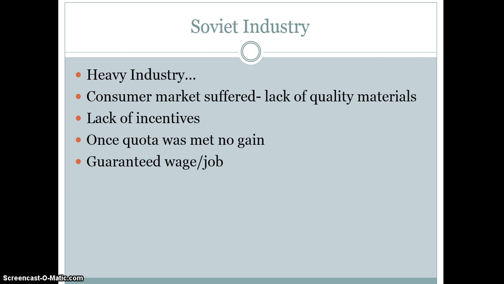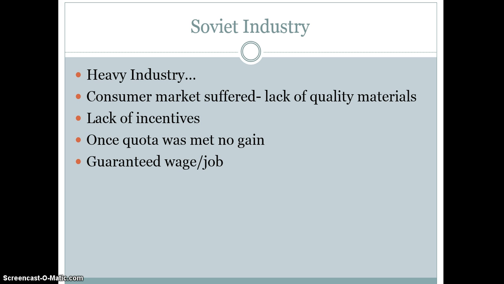Soviet industry, heavy industry. Get a definition for that first. Because the Soviet Union put so much of the factories of production into heavy industry, and because countries only have so much land, labor, and capital, the consumer market suffered.